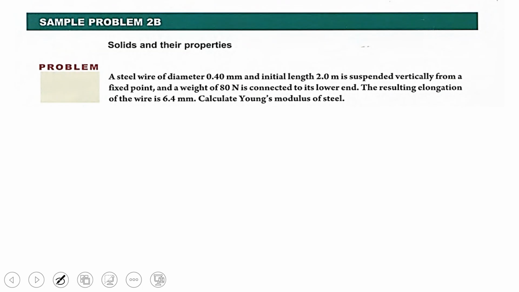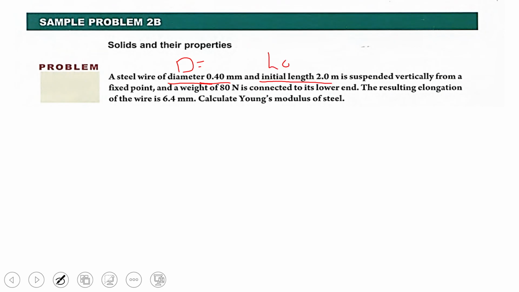Okay, guys, we have some examples now, really important, so be with me. Look, a steel wire has a diameter D equal to 0.40 millimeter and an initial length L naught equal to 2 meter.